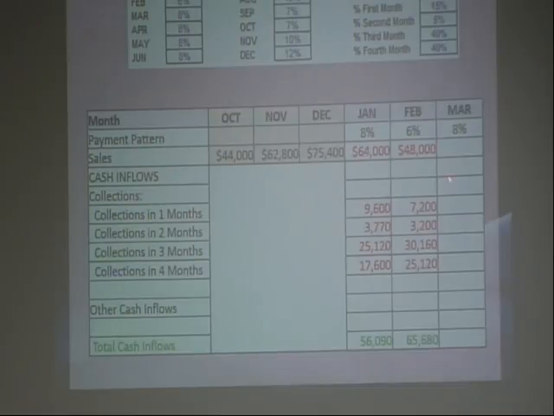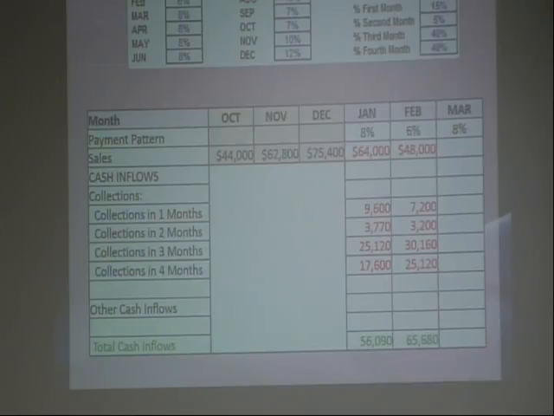Remember, they only sold 48,000 in February. That's all they plan to sell. But if things go according to their plan, they're going to actually collect almost $66,000 in February. So February's not that bad. Why? Because they're riding on the cusp of the last quarter that they're collecting all that money.